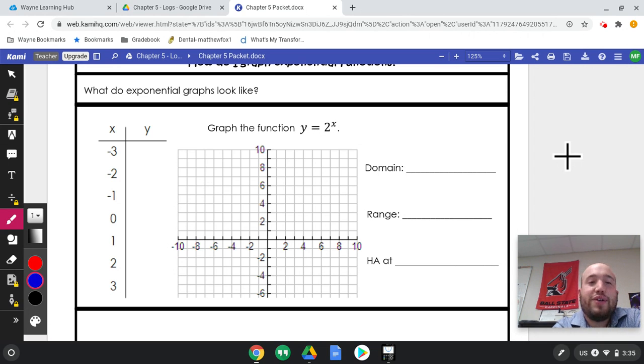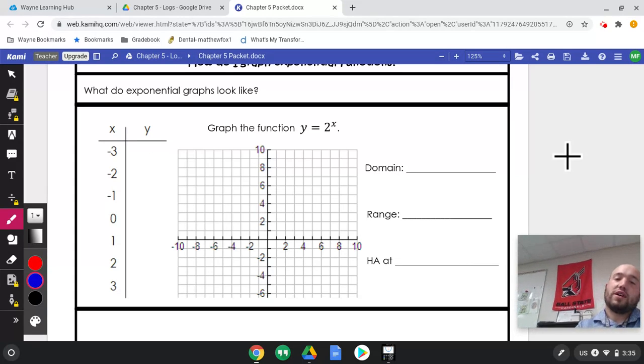Today we're going to talk about exponential graphs and exponential functions. The first thing for you: exponential graphs aren't all going to look exactly the same, but some variation of this. Sorry, that's not the best drawing, but basically it goes and gets bigger and bigger.